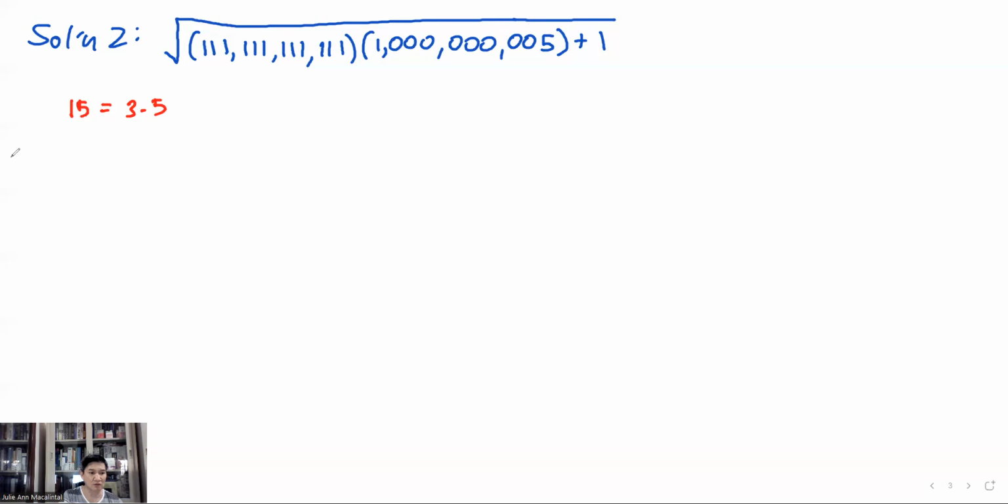So 1, and then I will add 10 in between. 105, that's 105. This is 90 plus 15.